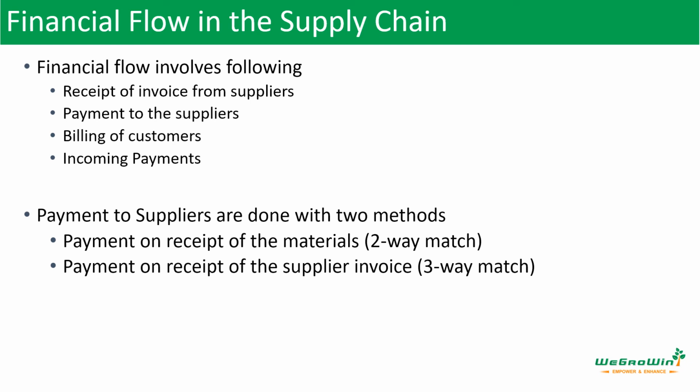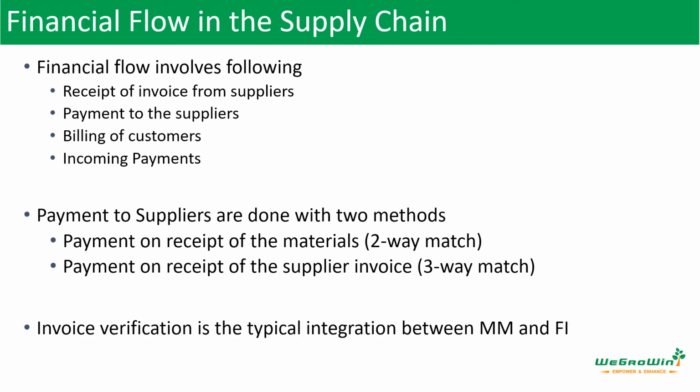So now all these, purchase order, goods receipt, and invoice, this is the clear integration between the materials management and the financial module, the FI module. So with this, the financial flow is happening in SAP.